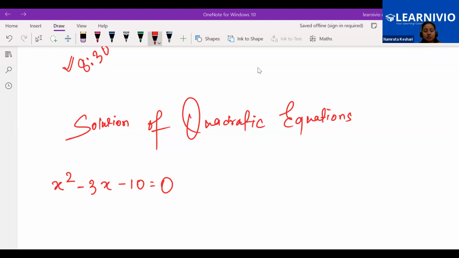Please find it. Find the solution. Ma'am, I thought x is equal to 5 or x is equal to -2.